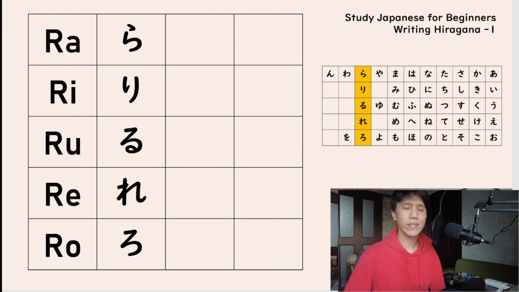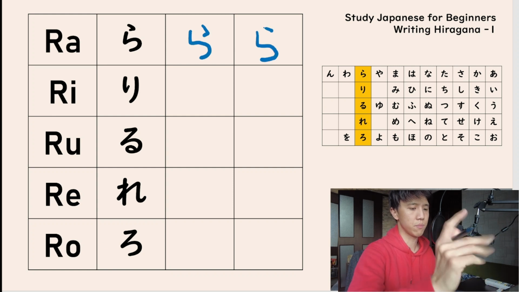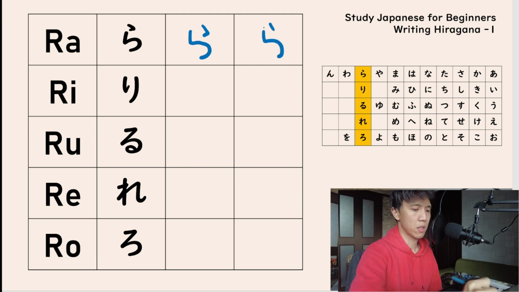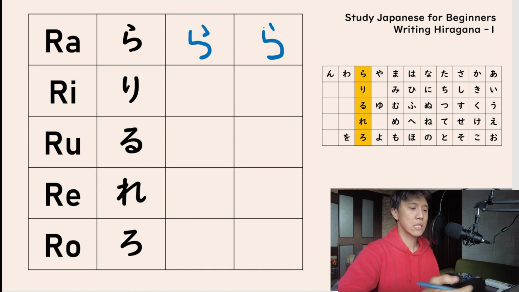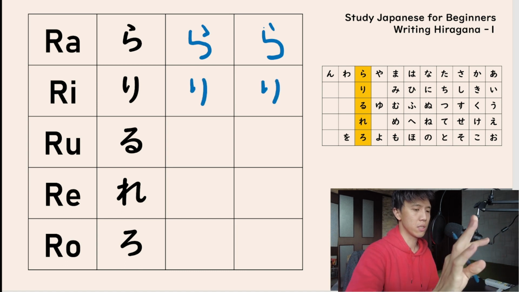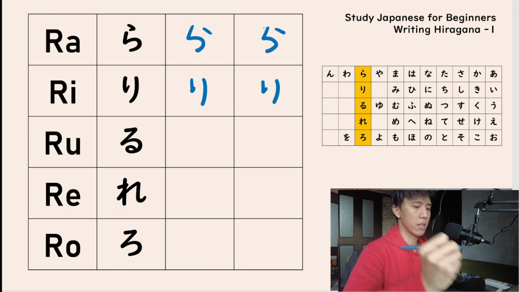And the next row is ra, ri, ru, re, ro. Okay, we start with ra. Then the second one is ri. My handwriting is really bad. Okay.